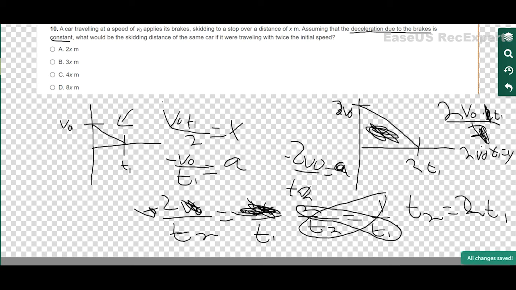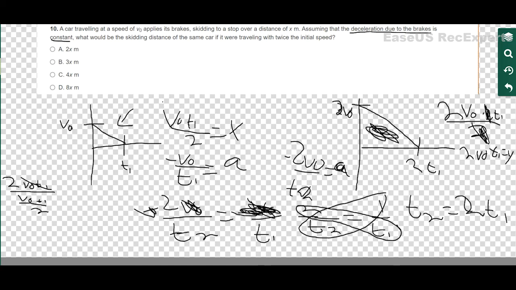Now we want to find the proportion between Y and X. So from there, we can use 2 V initial T1 over V initial T1 divided by 2.